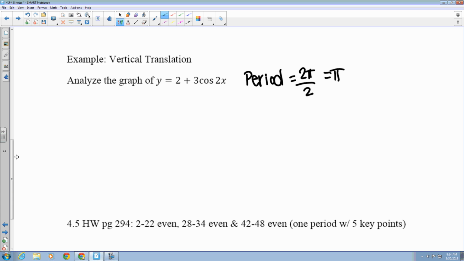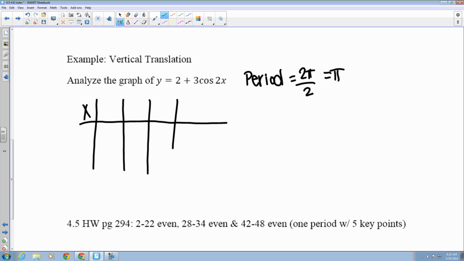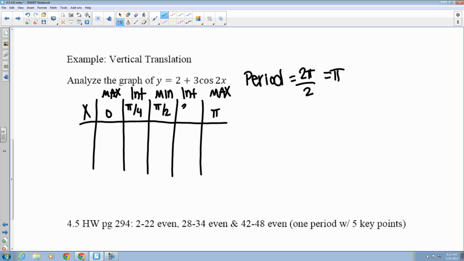My period is just pi. So I start at 0 and at pi. It says cosine, which means it starts at a max. It's not being flipped over, so we're good to go with that. Halfway between 0 and pi is pi over 2. And then pi over 4 and 3 pi over 4.